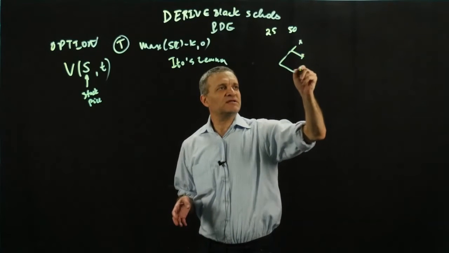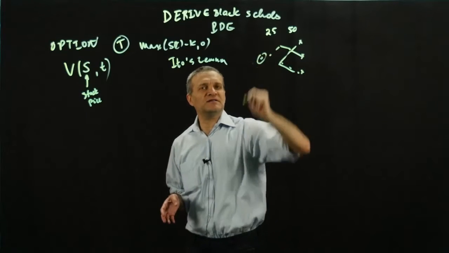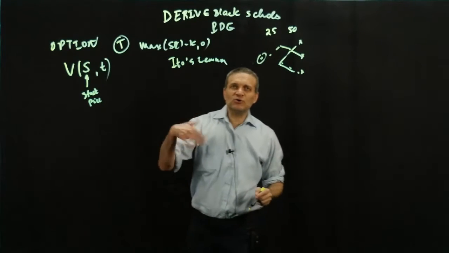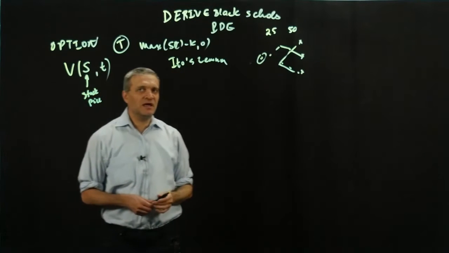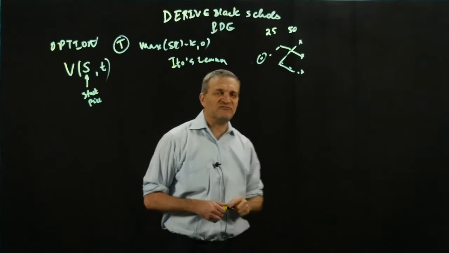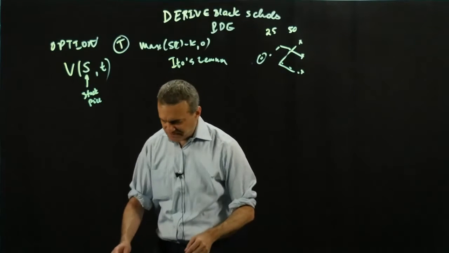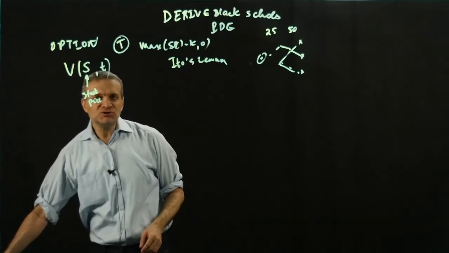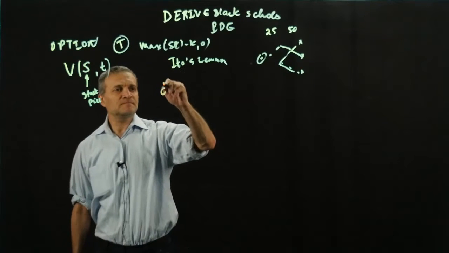If you know the price here, you can discount back and get prices here and then go back until the end. What we are going to do now is something very similar, but in a continuous fashion, not in a tree-based, which is basically discrete, fashion.